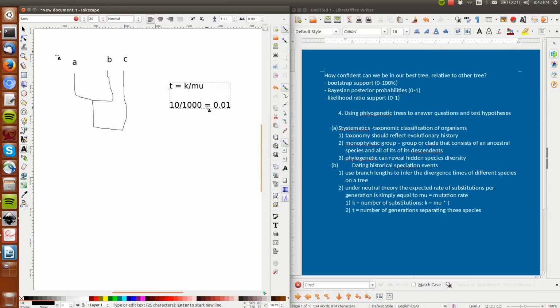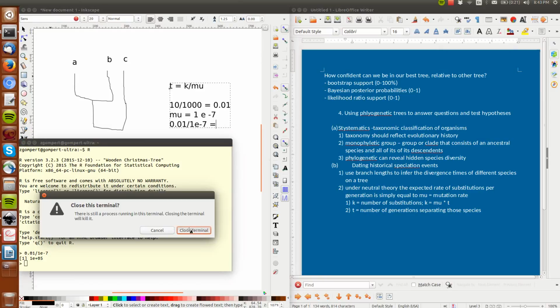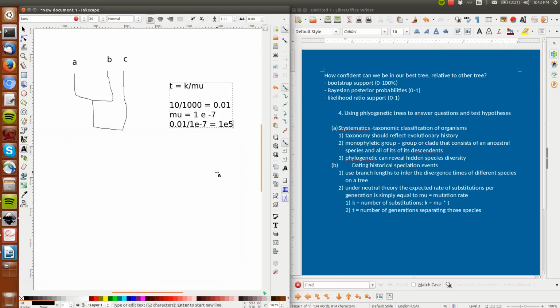Now let's say the mutation rate per base pair, mu, is something like 1e-7. Then all I would do is 0.01 divided by 1e-7, which on a calculator gives us 1e5, the number of generations that have separated these two taxa.